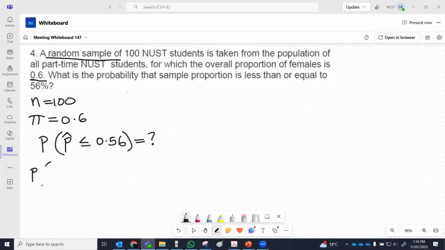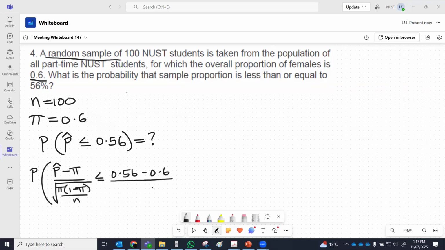So with the probability, we have p hat minus pi over the square root of pi, 1 minus pi over n, and this is less than or equal to 0.56 minus our pi, which is 0.6, divided by the square root of 0.6 times 0.4, 1 minus 0.6 is 0.4, and then we are dividing by 100.